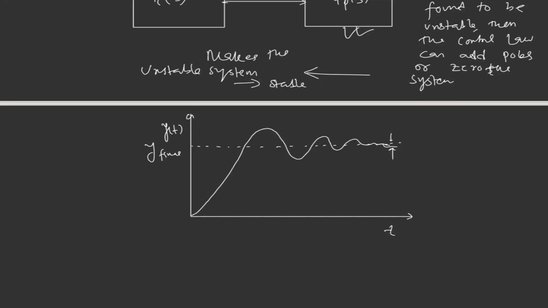Before it goes to the steady state value, we call it the transient response. And after it reaches steady state, the rest of the part we call the steady state response.